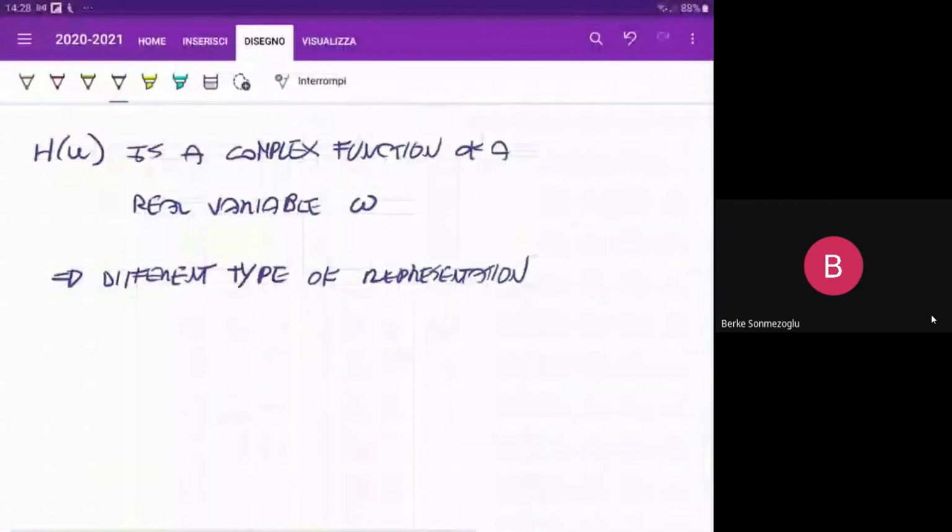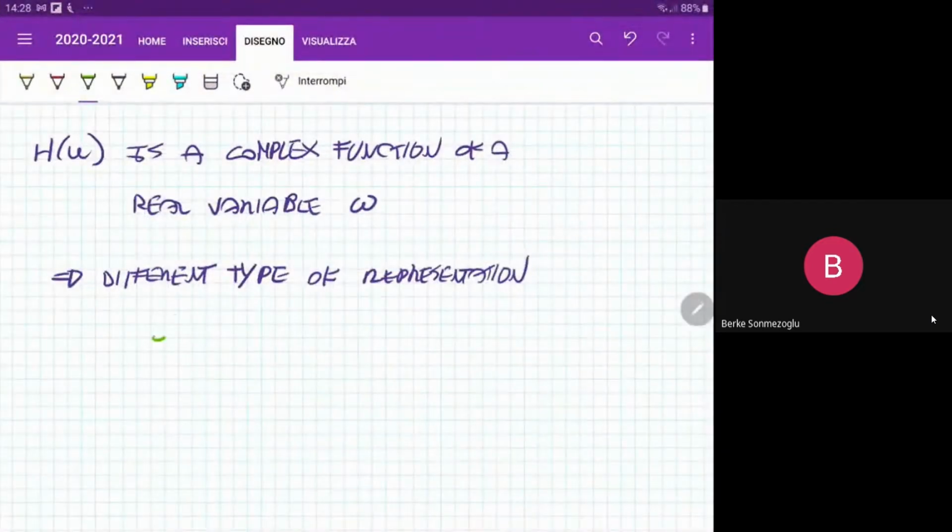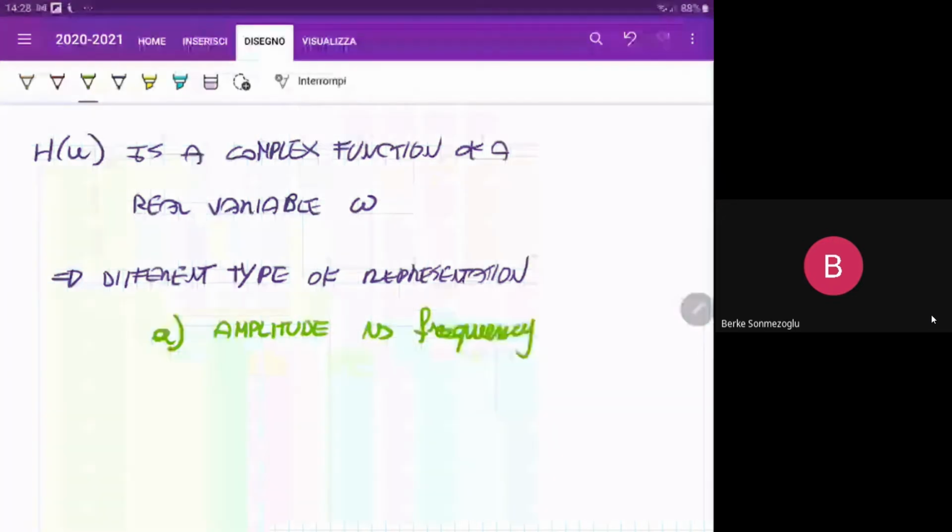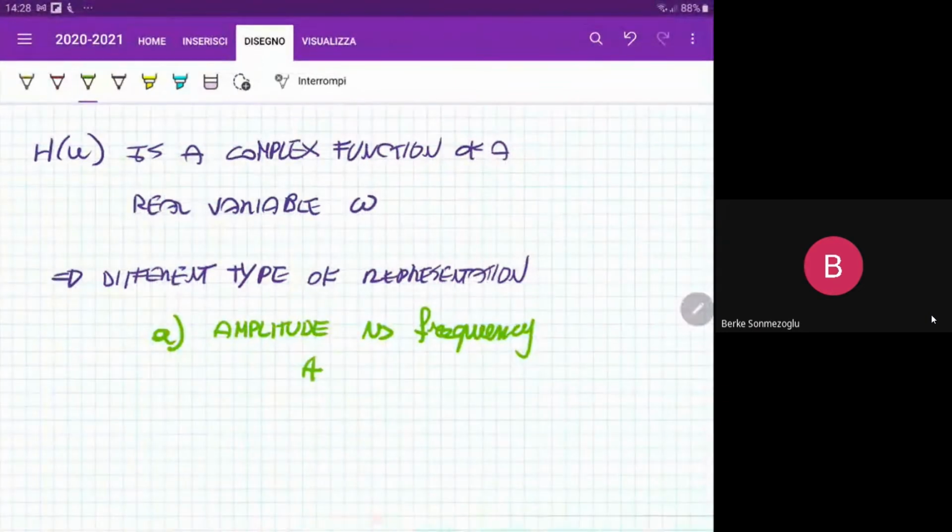And these are, the first one is the amplitude versus the frequency, and the phase versus frequency.